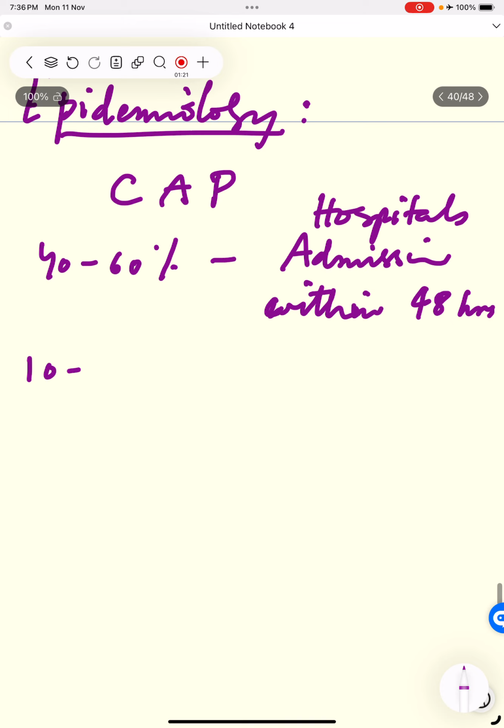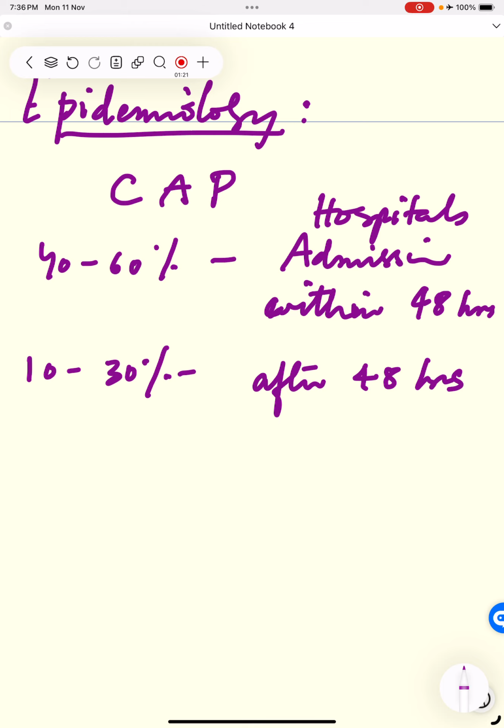But in 10 to 30% of the patients, it is usually after 48 hours if the patient has been admitted for longer number of days, or it is ventilator associated.